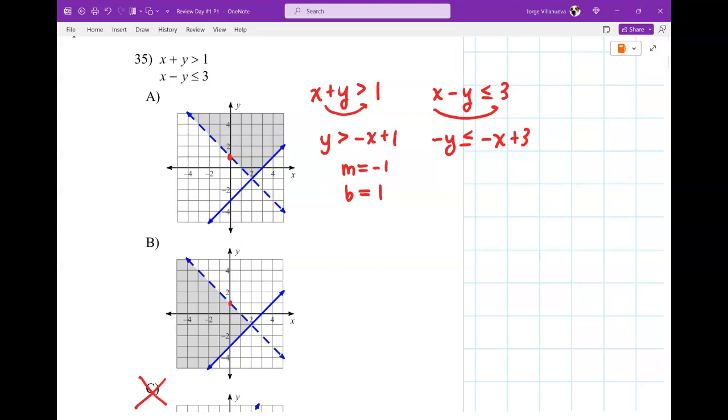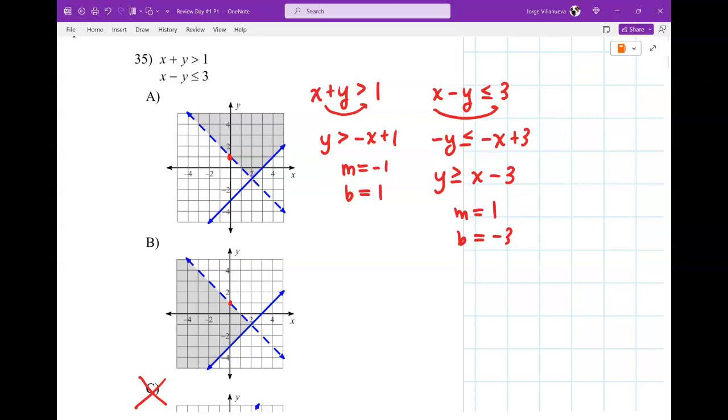Okay, and then I'm going to divide everything by negative 1. So I get y is greater than or equal to x minus 3. So my slope is 1. My y-intercept is negative 3.